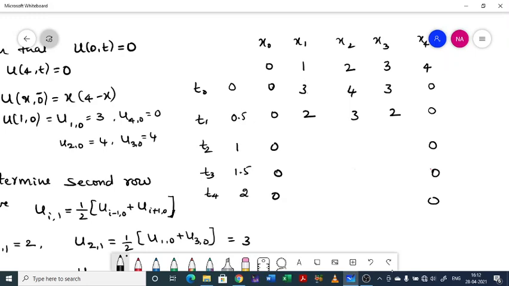Next, see, for second row we have written, for third row we have to take this entry plus this entry minus this one. That is what you have to do. 0 plus 3 minus 3, you get 0. 2 plus 2, you get 4 minus 4, 0. 3 plus 0 minus 3, 0.